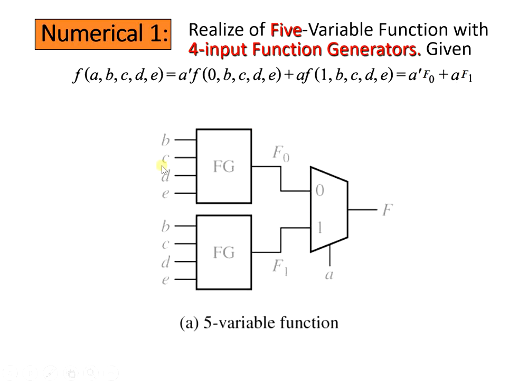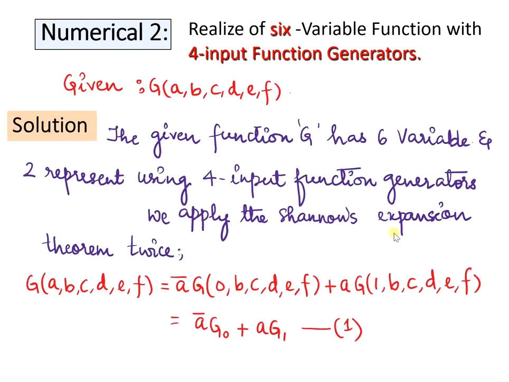BCDE is the 4 input function generator with outputs F0 and F1. For output F0 we have the input of the mux corresponding to logic 0, and for F1 we have the input of the mux corresponding to logic 1, and the mux is a 2:1 mux with the select input of A, and directly we can obtain the function F.